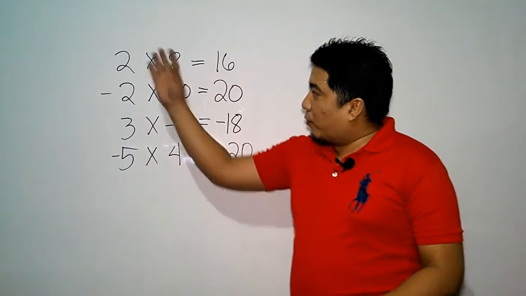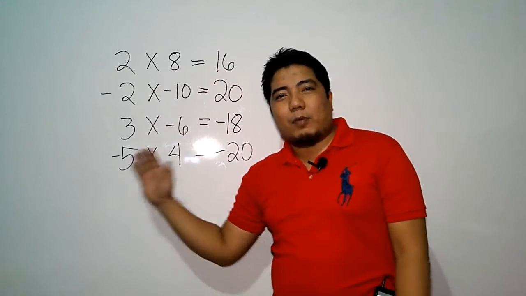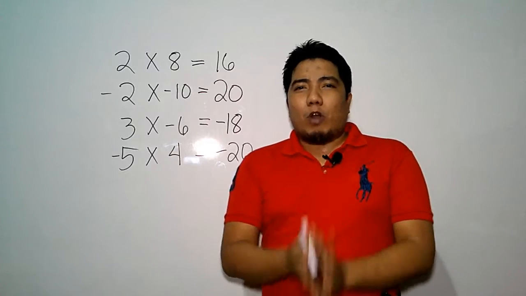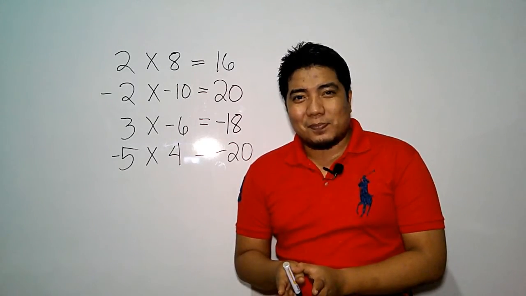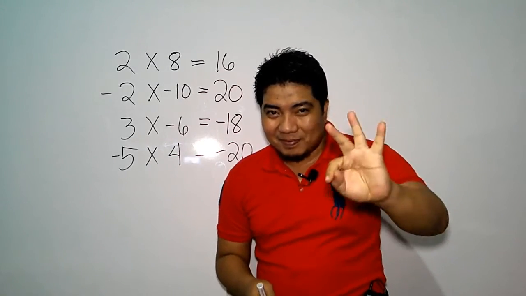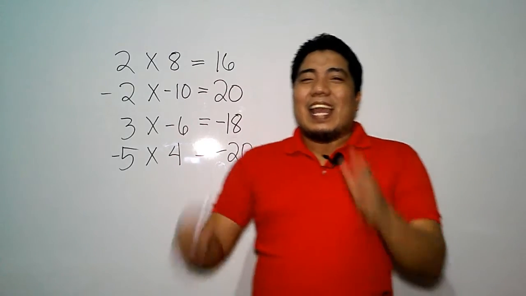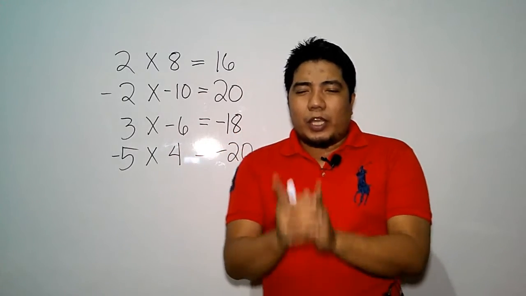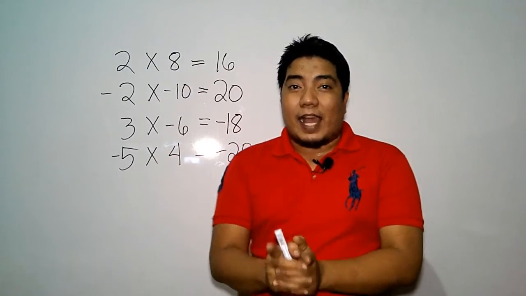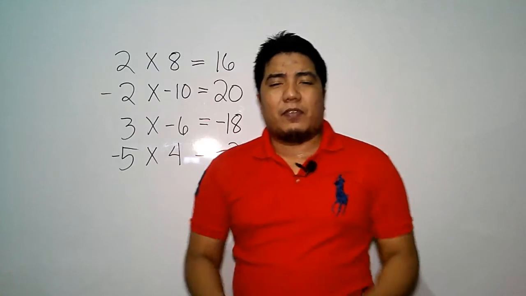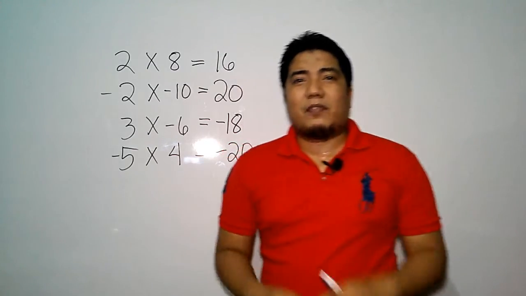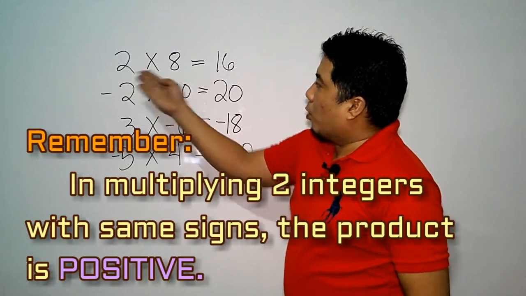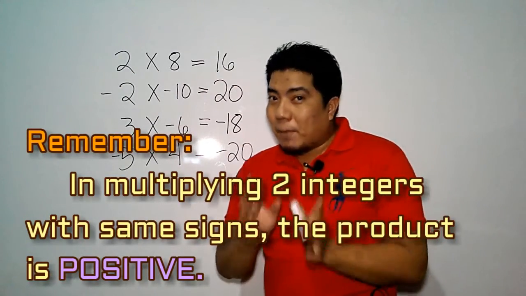Now, from our first, second, third, and fourth example, what do you think is the rule in multiplying integers? Alright, now it's very simple. In multiplying integers, if two integers are the same sign, meaning they are both positive or they are both negative, the product is positive. As you can see here, both are positive, the answer is positive.